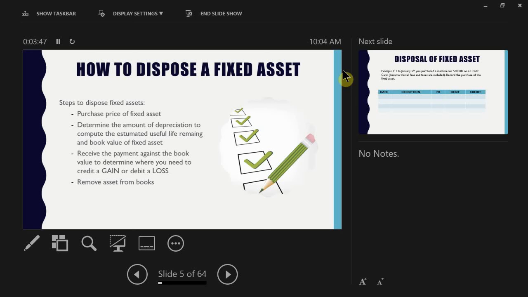You end up getting a book value at the end of a given month or at the end of a given year. That's going to be the most important thing, because that's going to tell you how much the asset is worth. But you also have to look at who's going to be willing to buy it for that price as well.